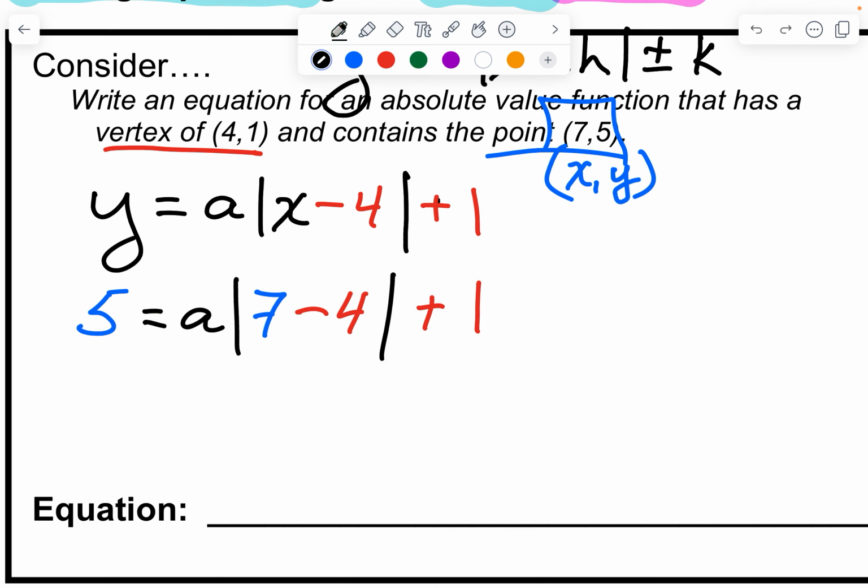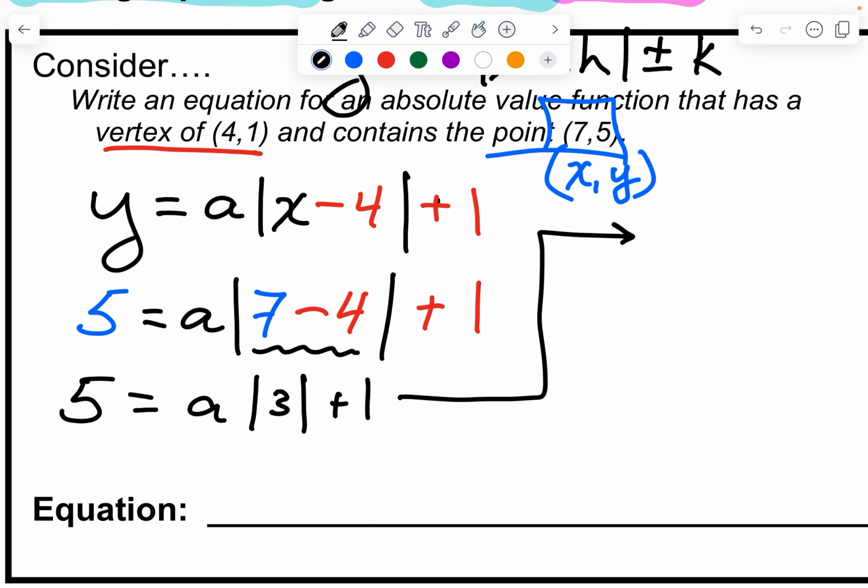So let's actually solve this equation. I see some stuff that we can do on the inside. You always deal with the inside numbers first, so go ahead and subtract those numbers. Of course, 7 minus 4 is 3, but it's technically the absolute value of 3. I want to keep those absolute value symbols there, because that's the next thing I'm going to do.